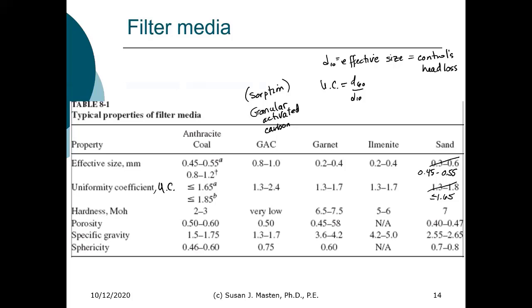The specific gravity, for instance, for anthracite coal is greater than 1.4 for the GLUM standards. And then sphericity is essentially how spherical it is. So sand is 0.7 to 0.8, compared to a sphere, it's roughly 75%.